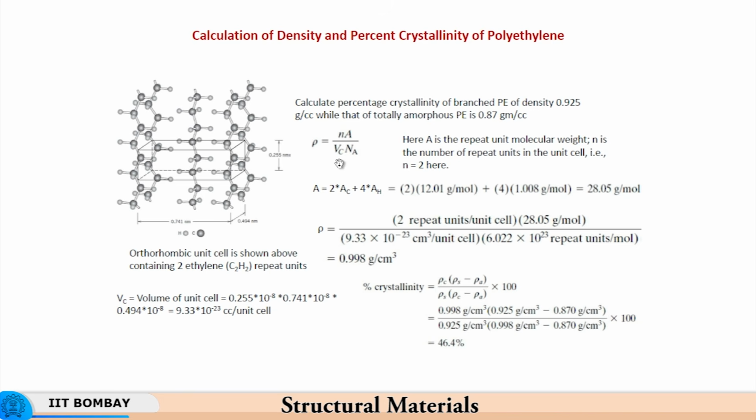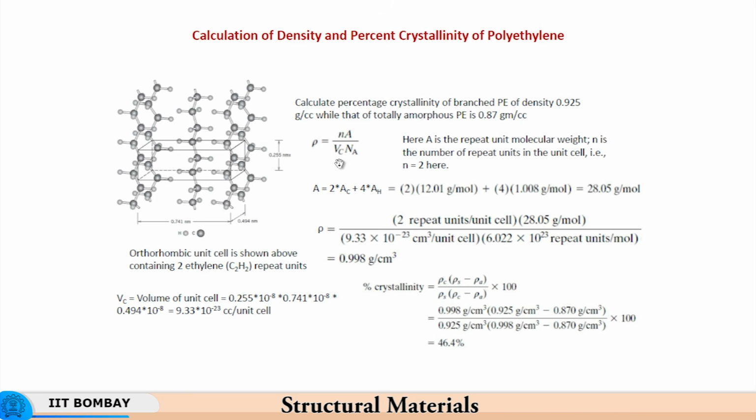Now the density is given by 2 repeat units per cell into the, actually not atomic weight, the molecular weight of the repeat unit, divided by the volume of the cell. So the volume of the cell is given as 0.255 into 10 to the power minus 8 into 0.741 into 10 to the power minus 8 into 0.494.